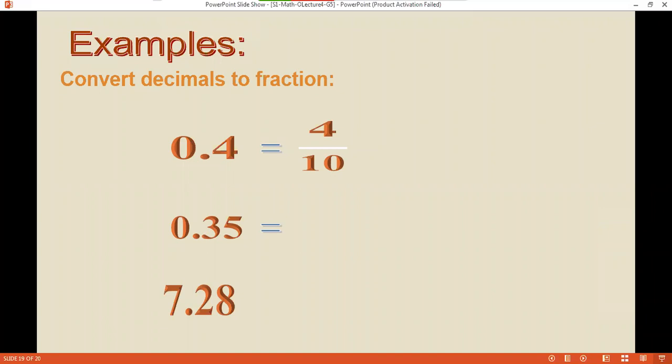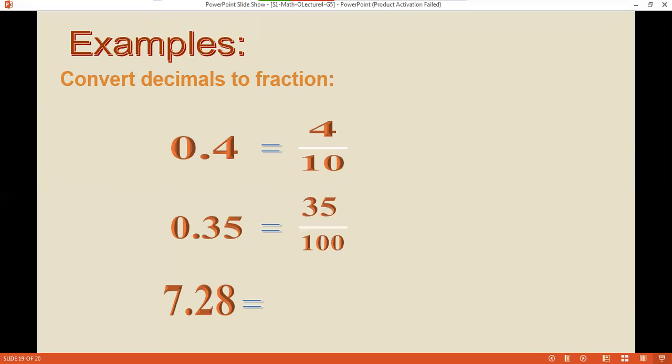We reach the hundredths, Hala. Right? Say it again. 35 hundredths. So how do I write it? I write 35 as the numerator. Very good. Over 100. Very good.